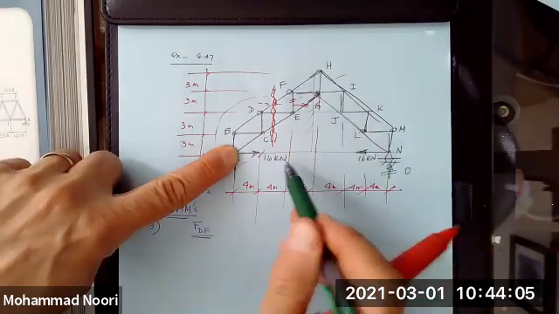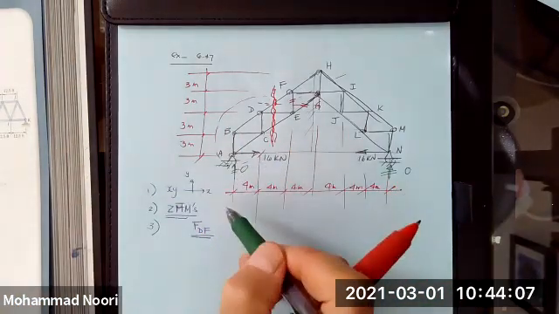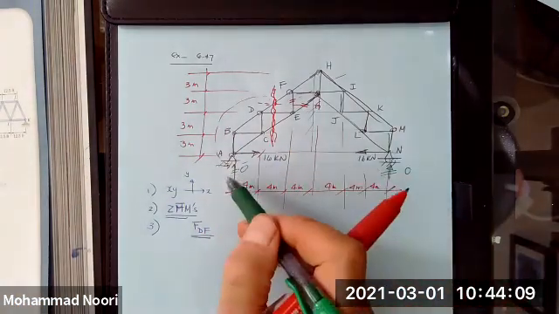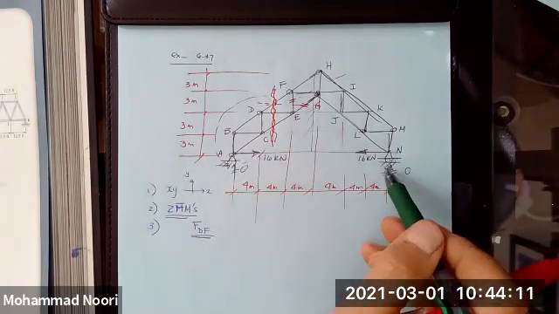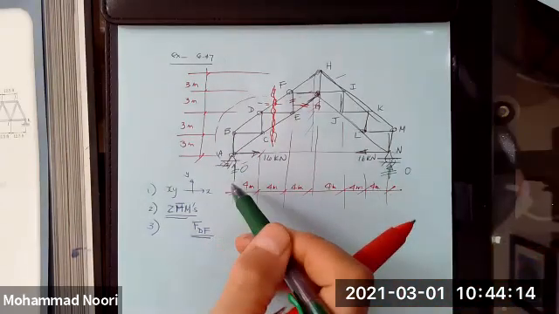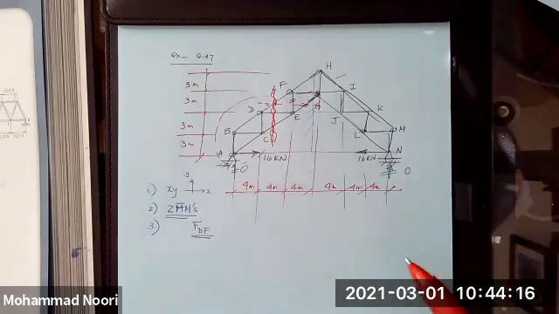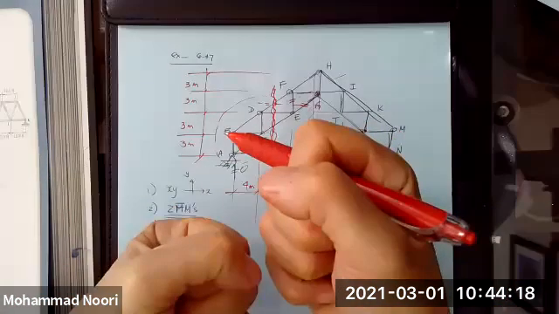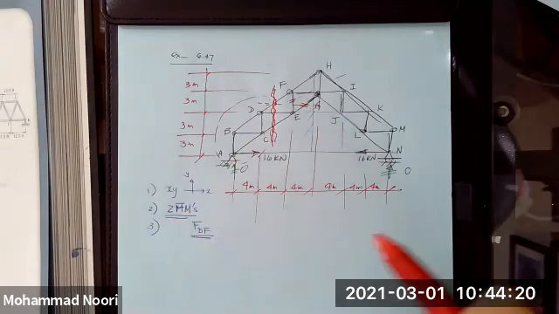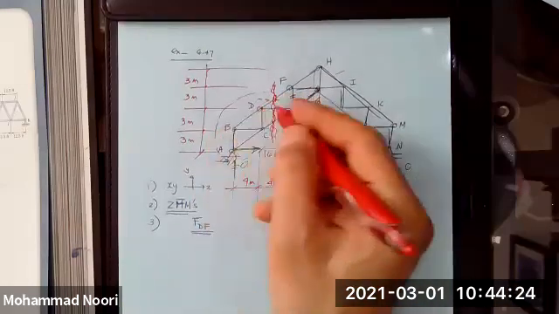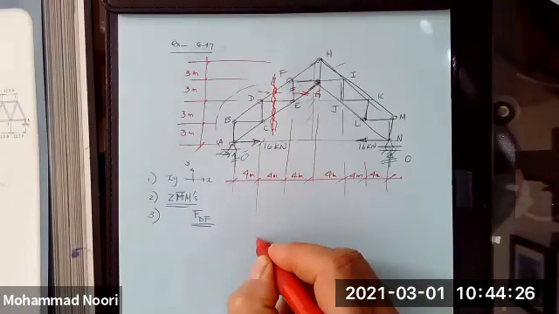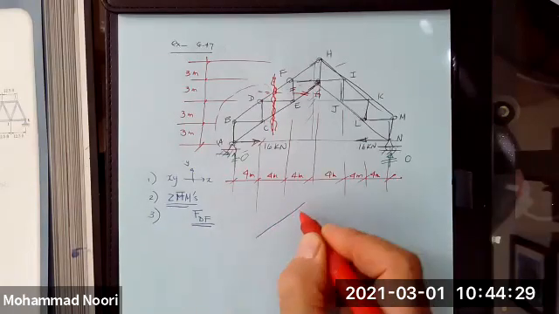And because of this symmetry, this would be 0. And of course, summation of forces along X gives you this 0. So there are no support forces. This truss is only held in place by these two forces that are pulling these two nodes together. So if I draw the free body diagram of that piece, it looks like this.